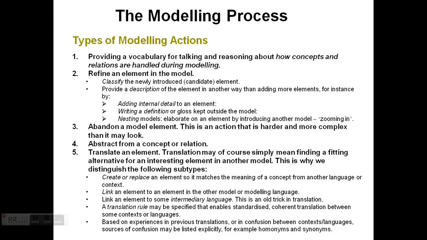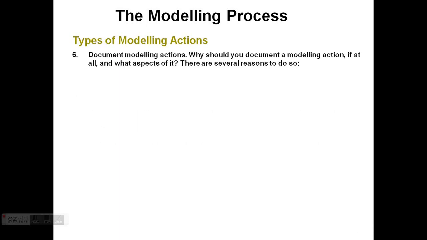Based on experience in previous translations or in confusion between contexts and languages, sources of confusion may be listed explicitly. For example, homonyms and synonyms may be part of the translation rule. But even if no such rule is formulated, particularly notorious risks may be noted and communicated.